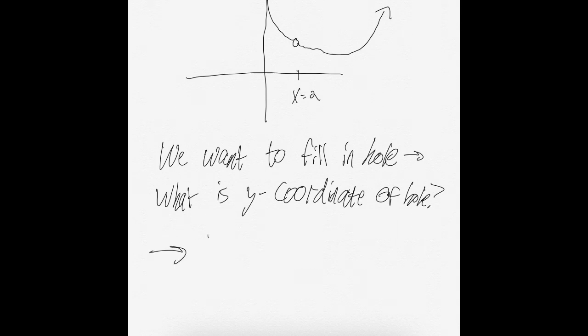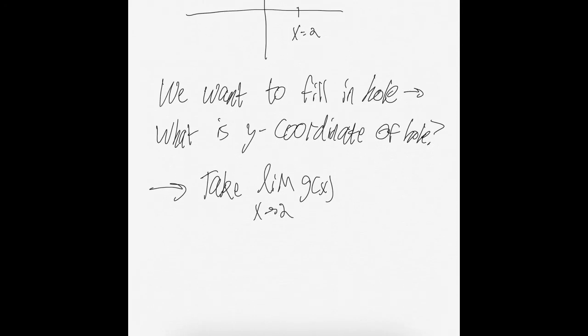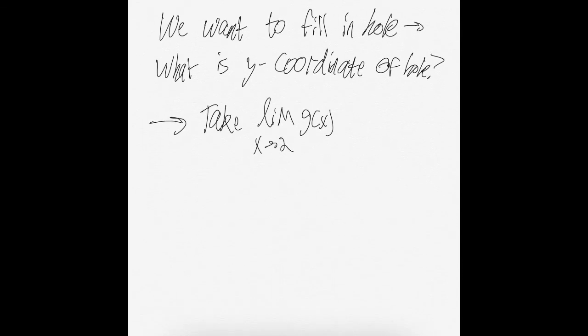However, what we can do is take the limit as x approaches 2 of g of x, because that is what this coordinate is going to be. It's going to be whatever that limit is. Remember, limits don't actually care what's going on at the point itself. They care about what's going on just barely, really close around that point. So that's the idea here: all that this question is asking for is what is this limit?